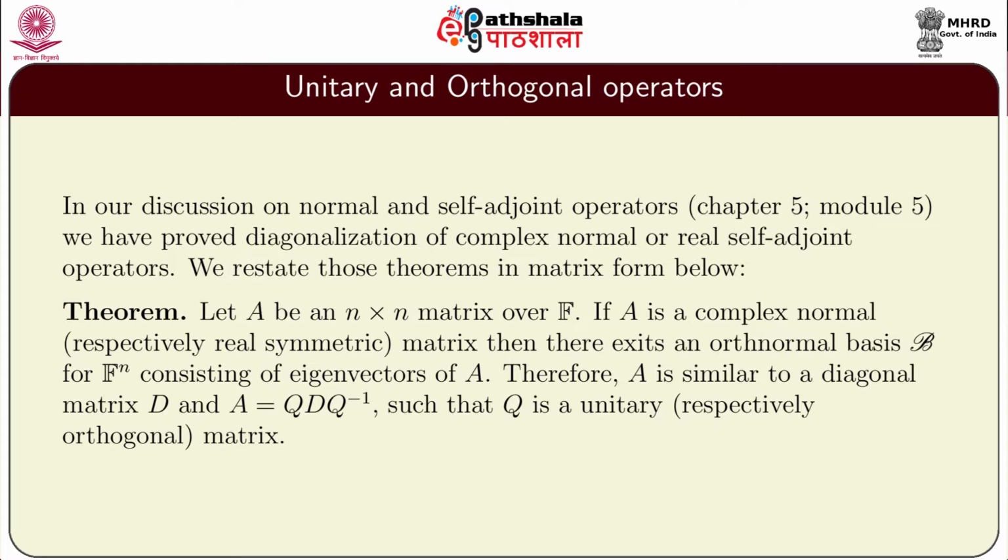Theorem: let A be an n cross n matrix over F. If A is a complex normal, respectively real symmetric, matrix, then there exists an orthonormal basis B for F n consisting of eigenvectors of A. Therefore, A is similar to a diagonal matrix D, and A can be written as Q D Q inverse such that Q is a unitary, respectively orthogonal, matrix.